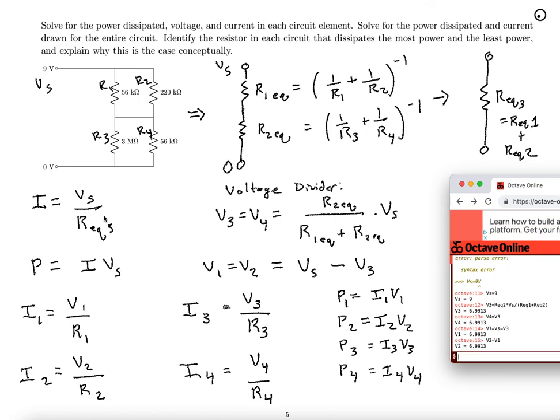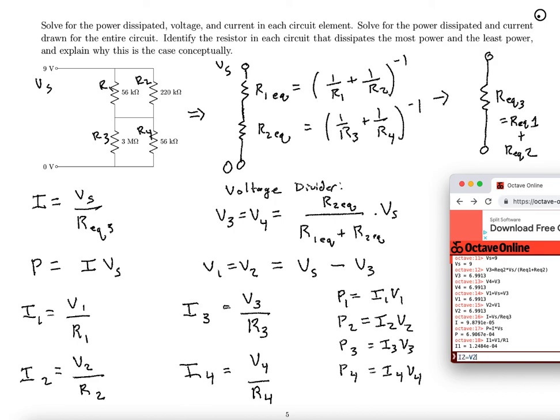Let's do the total I and the total power. I is Vs over R equivalent 3. Power equals I times Vs. And now we'll do the 4 currents. I1 equals V1 over R1.